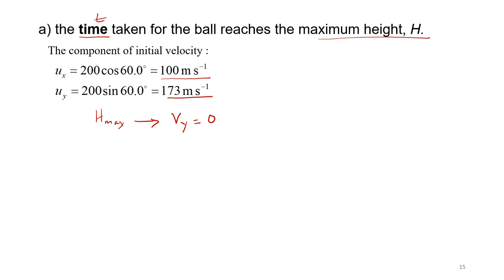Now we use equation Vy equal Uy minus Gt. Substitute Vy equals 0, Uy 173, G 9.81. Now we get value T 17.6 second.